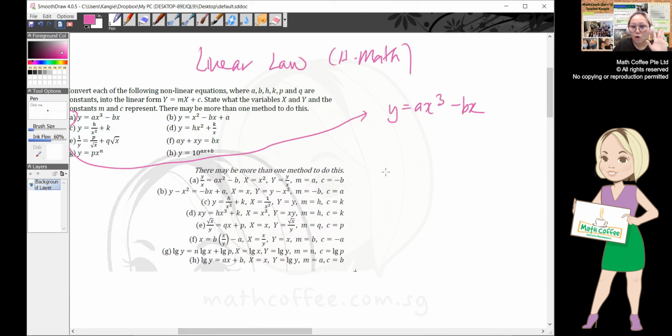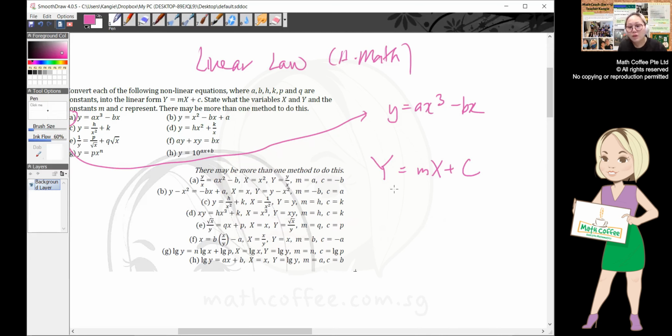Okay, and I always write it in big Y. Straight line in coordinate geometry is y equals mx plus c. Correct? So in AMath linear law, I will use capital letter Y equals mX plus C. So my Y, X, and C are all big caps, to remind myself that I am still in this linear law thing.